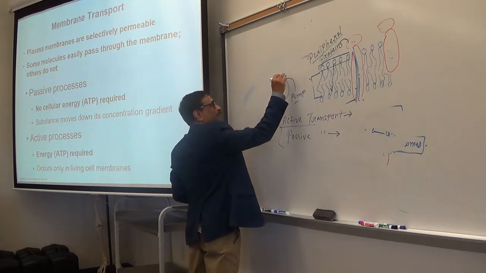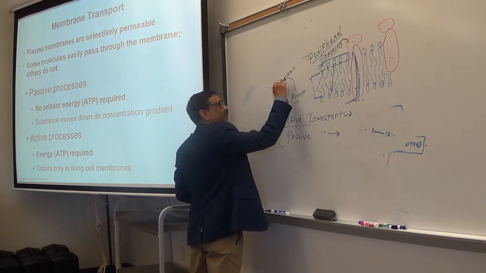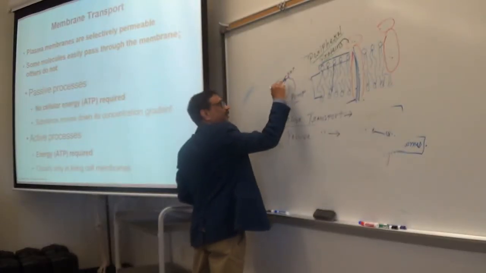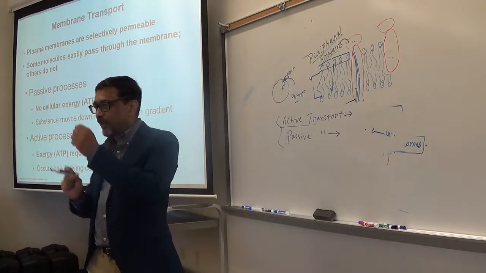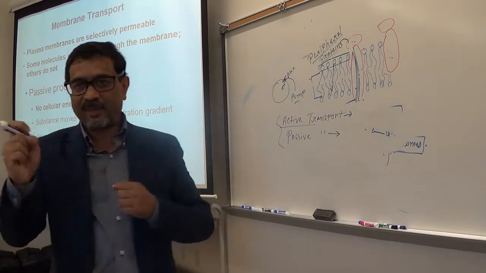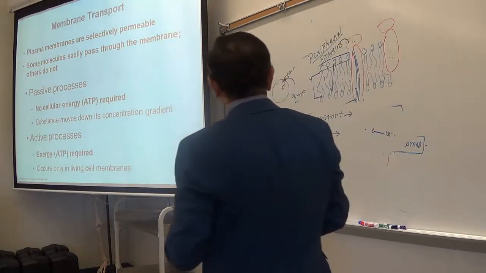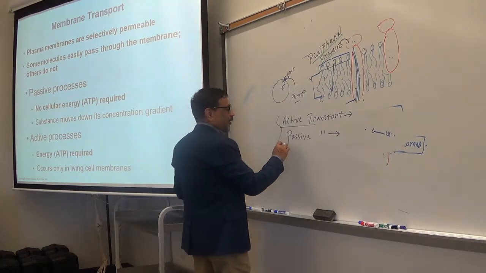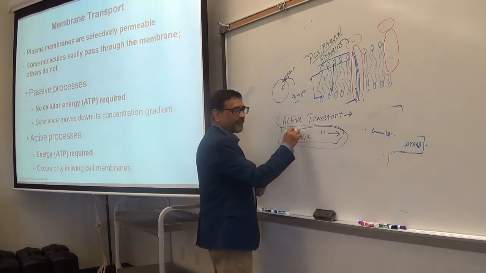So this is outside of the cell, like sodium is getting in, okay? At the same time, the pump is pushing the potassium out, another chemical out. So it's acting as a pump, but in most cases both ways, okay? Taking one in, pushing another out. So passive doesn't need ATP or energy.